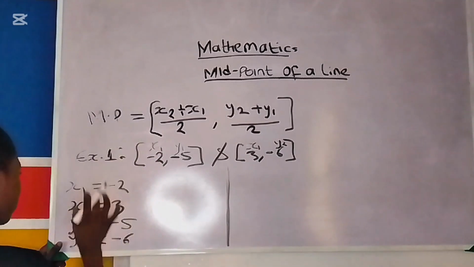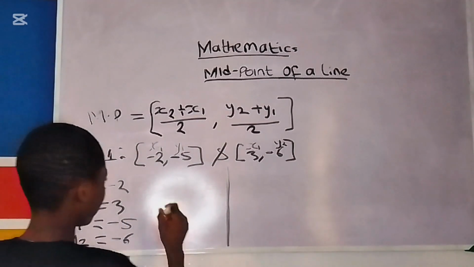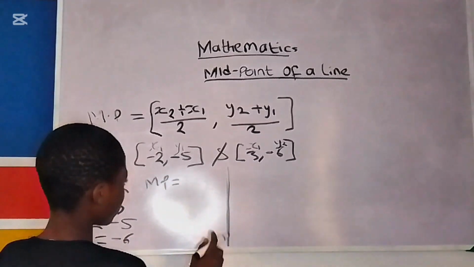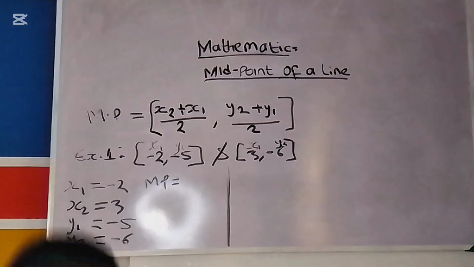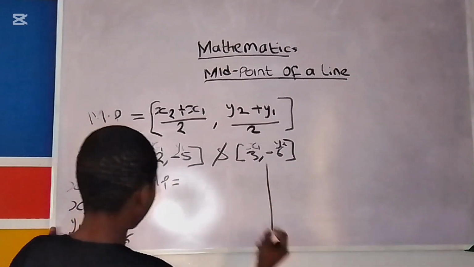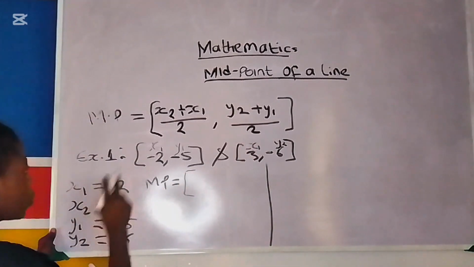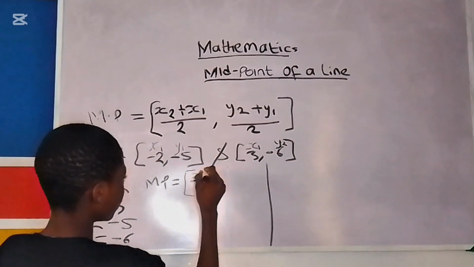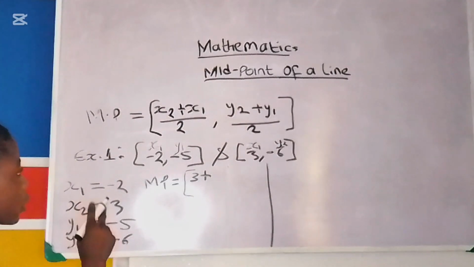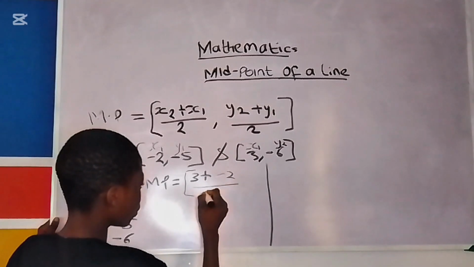So now let's put these figures into the formula. M is equal to the bracket, then our x2 is 3, so 3 plus our x1, which is -2, all over 2.